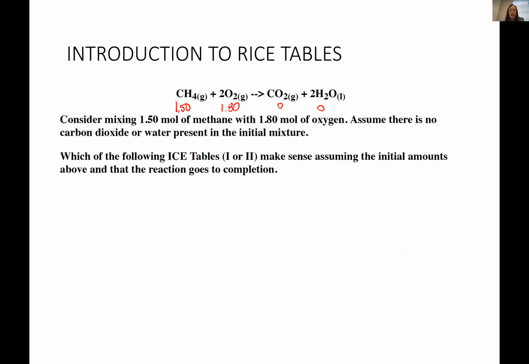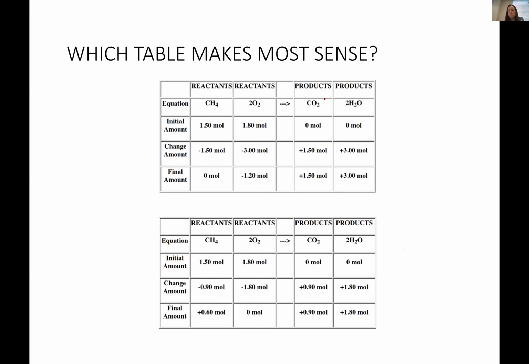So I want you to look at two ice tables, and then we're going to do another poll because I want you to tell me which one makes most sense. We'll call this one table A, and we'll call this one table B. You just have a 50-50 chance to get this one correct. So Lou's going to put up a poll.